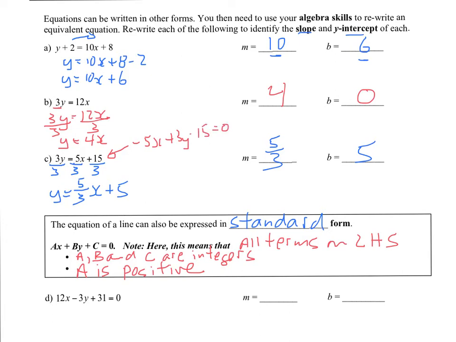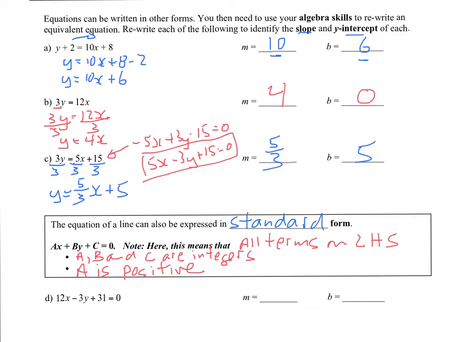But that itself isn't right either, because the coefficient of x has to be positive. So I have to multiply everything by -1, or change every sign. When I change one sign, I have to change them all. So standard form here would actually be 5x take away 3y plus 15 is equal to 0. That would be the standard form.